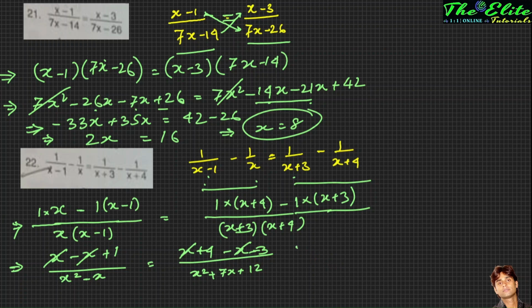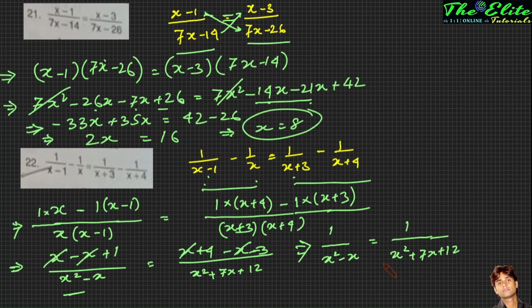So what we are going to have here, I don't have much space here downward, so you are going to get 1 upon x square minus x from here, and on the right hand side you will get 4 minus 3, it is again 1 upon x square plus 7x plus 12.